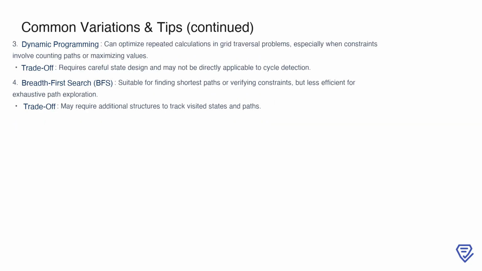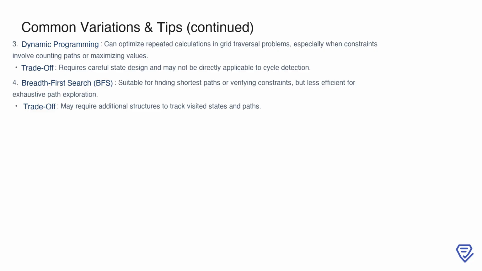Dynamic programming is another powerful technique that can optimize repeated calculations, especially in grid problems that involve counting paths or maximizing values. The trade-off here is that designing the state representation can be tricky, and it may not always fit problems focused on cycle detection. Breadth-first search, on the other hand, is particularly useful for finding shortest paths or verifying specific constraints in a grid.